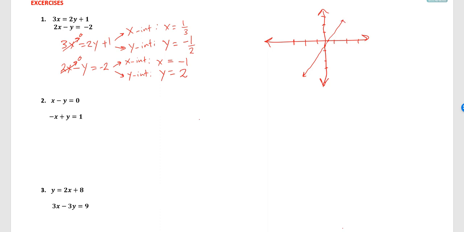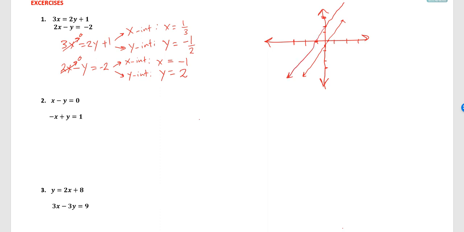x is minus 1 here, and y is 2, which is here. And these two should be connected like this. So this is really going to be parallel.